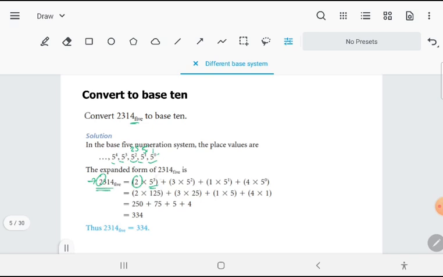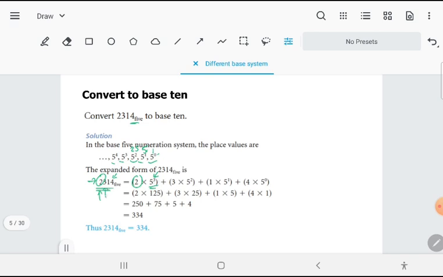So, how do you determine what power to raise the base to? 2 is in the fourth place value, if you begin here. It's 4 minus 1. So that means 5 you will raise to 4 minus 1 or 3.